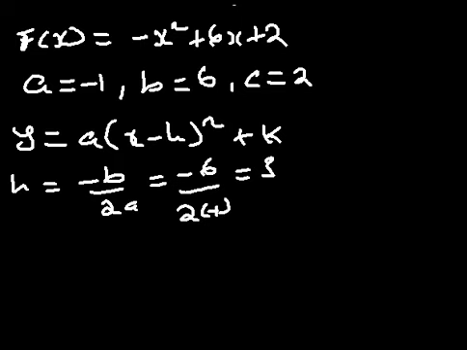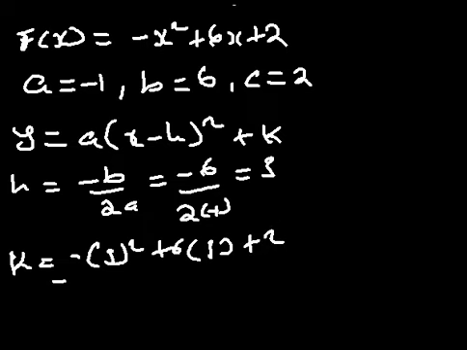Now k is equal to negative 3 to the power 2 plus 6 times 3 plus 2. That will be negative 9 plus 18 plus 2, which is 11. So that is the actual k value.